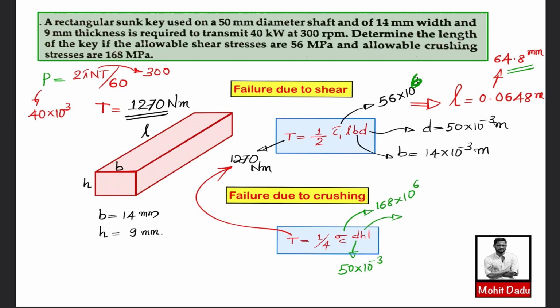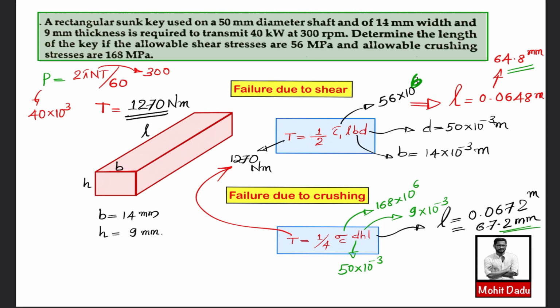H is the height of the key, which is 9 mm, so it is 9 into 10 raised to minus 3. Then you will get finally the length of the key, in meters. Here it is 0.0672 meter, which is equivalent to 67.2 mm.